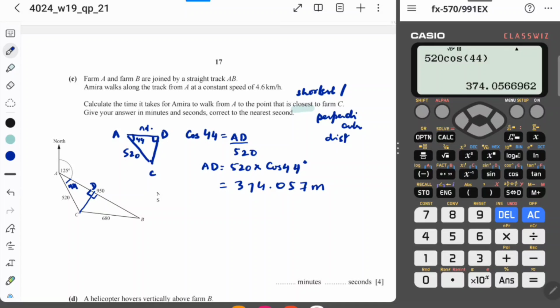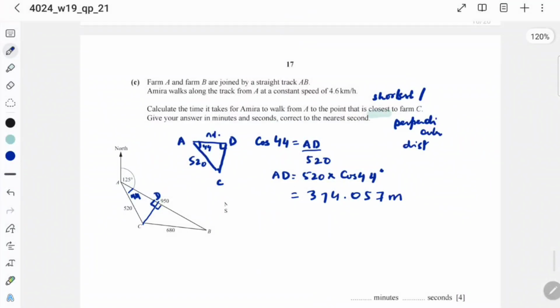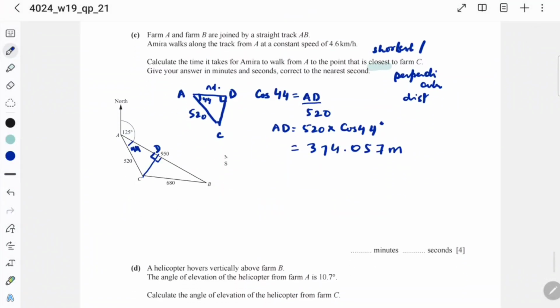But your speed is given in kilometers per hour, so we need to change this distance into kilometers. That will be equal to 0.374 kilometers. Now we can take the measurement.